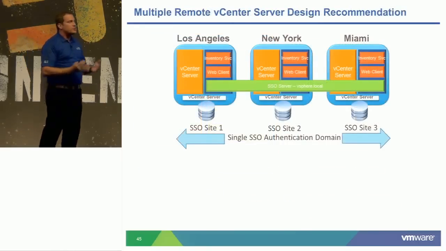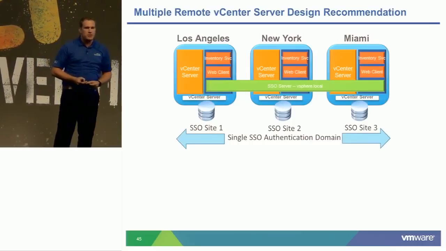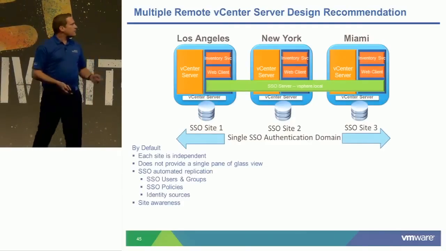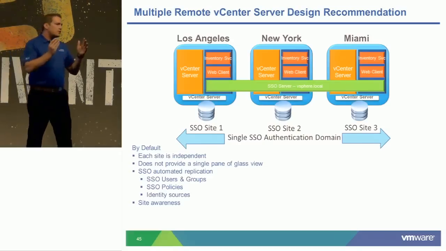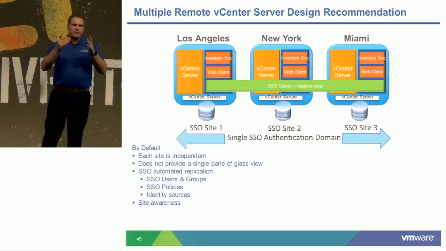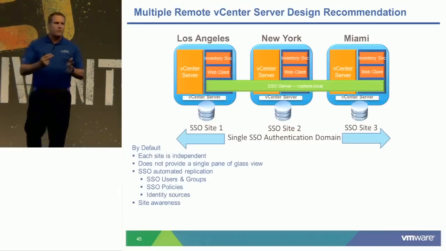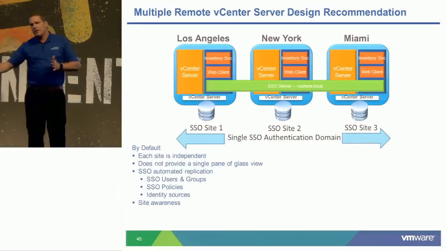This is the architecture. We still want the single VM model. We want to maintain that SSO security domain, the vSphere.local, but we'd have all that built-in replication between them for the users and groups and things like that. Now today, vCenter still is registered with the instance of SSO that you provide during install or upgrade. If that SSO instance goes down, then VC is not going to move to another SSO instance.